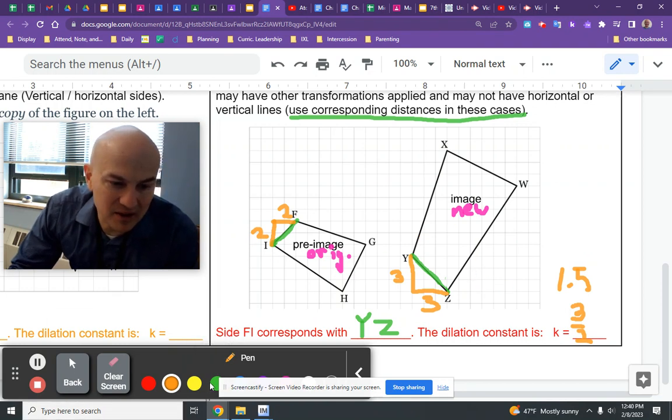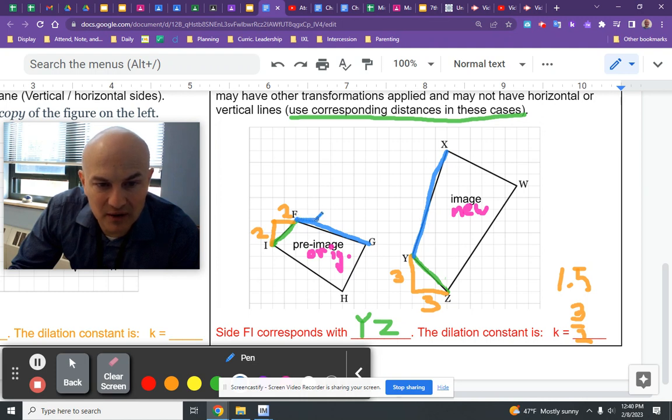Now, what's cool about this is I don't actually have to have done these sides here. I could have picked another pair of corresponding sides. Let's say I had done FG was corresponding, and I believe that's going to correspond right here to YX. Again, I can draw a little right triangle here, and this one goes up, and over.